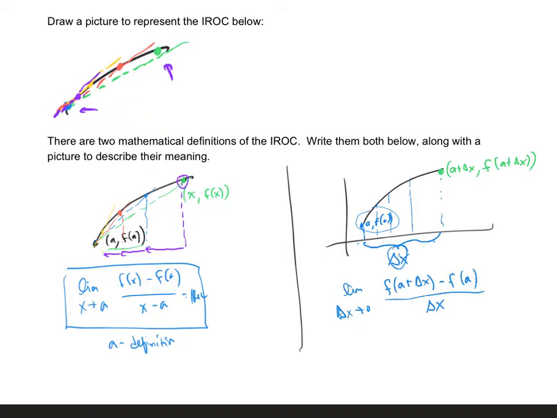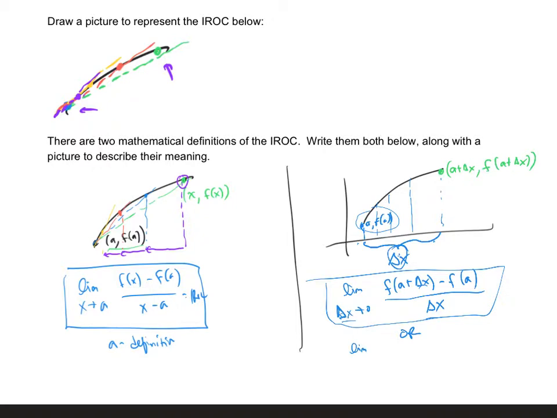Now, this is a fine way of writing this, and oftentimes you'll see this written and used. The biggest problem is that delta x is a two-symbol variable. Basically, it's two things that represent one change, right? So a lot of times you'll see this written where the delta x is replaced with a single letter just to make it easier to keep up with.